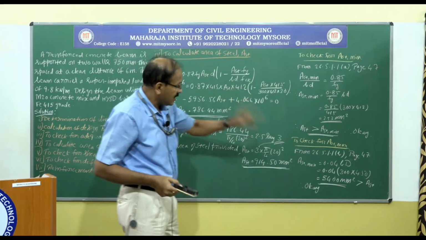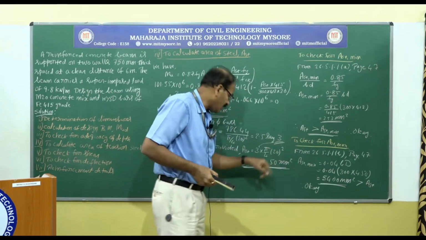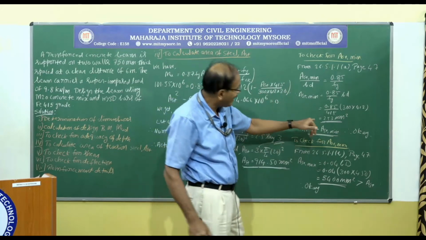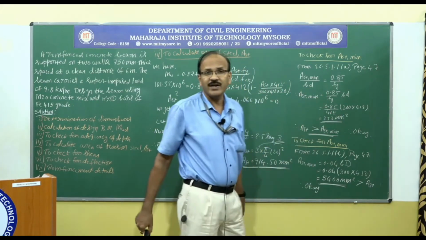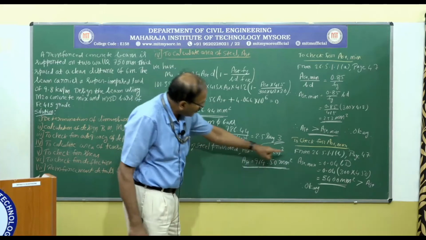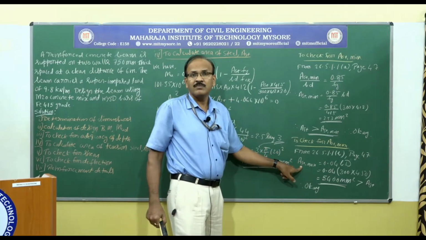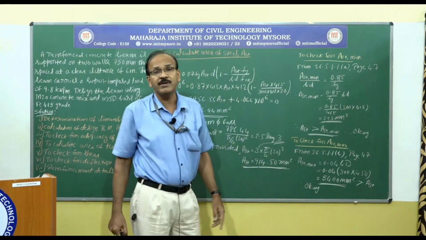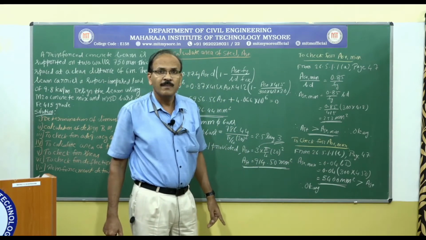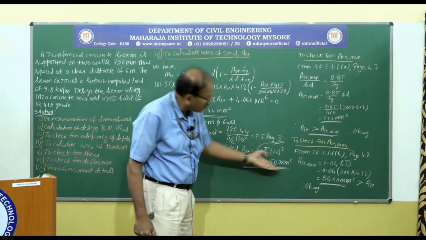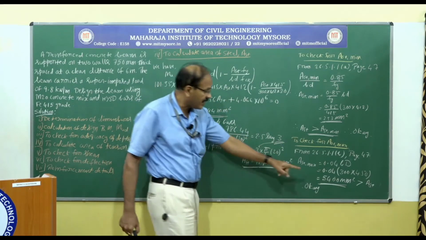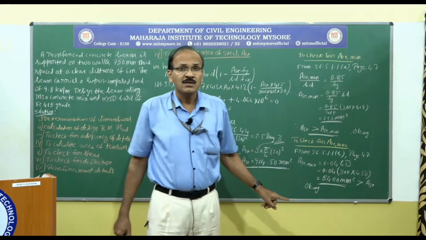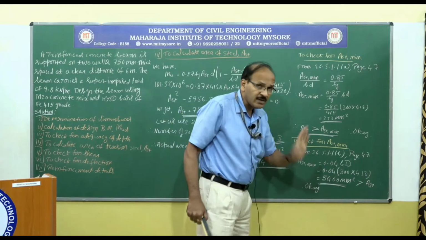So in the previous case, I am going to remind once again, in case this value goes below AST minimum, we go ahead and give at least this much of area. But when you check for AST maximum, in case this value goes beyond 5400 millimeters square, say this is 5500 millimeters square, which is greater than 5400 millimeters square, in such case you should not go ahead and provide 5400.